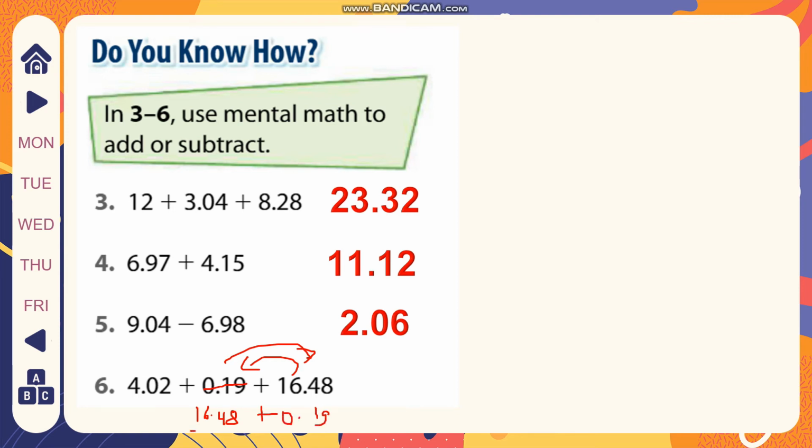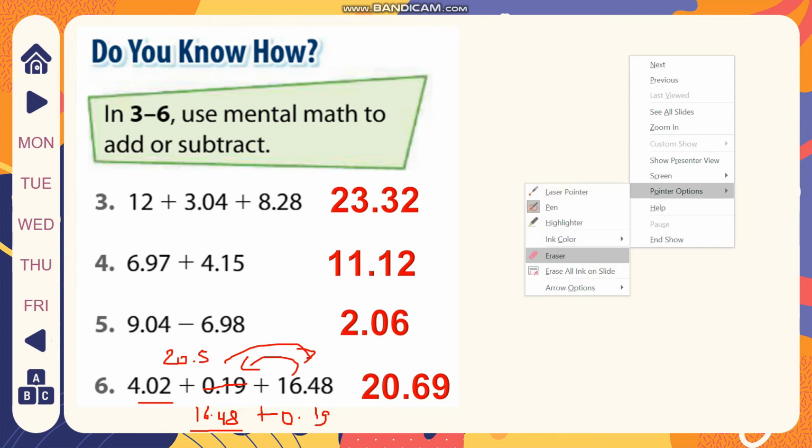Because 16.48 is easy for me to add to 4.02. Because 0.48 plus 0.02 is 0.5, then 16 plus 4 is 20, so I have 20.5. Then I have 0.19, so 20.5 plus 0.19, the answer is 20.69.